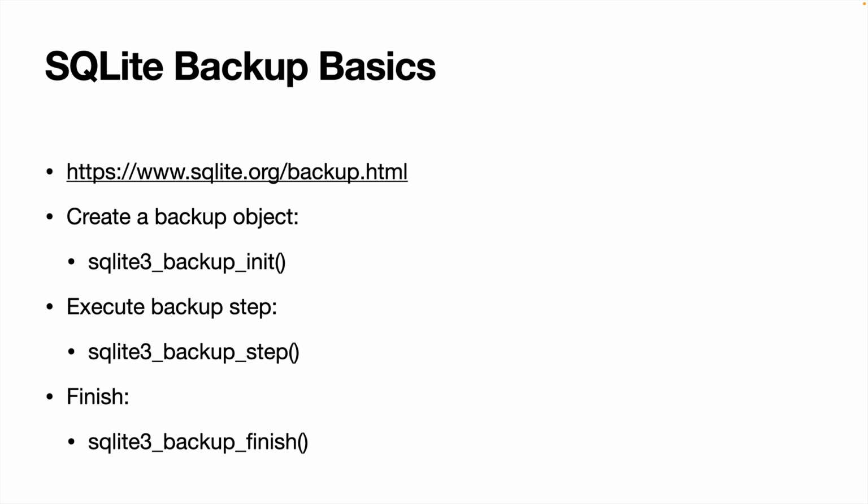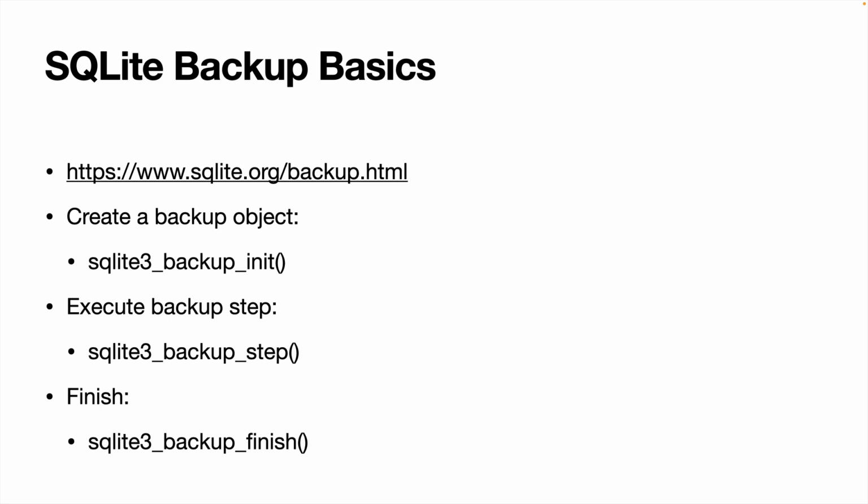So just to give you a little bit of detail about how SQLite Backup works, it's very simple. You have your in-memory store, and you have a document file somewhere, a SQLite file. So you need pointers for both: a pointer for the in-memory store, and a pointer for the file. Once you have those two things, you can call SQLite Backup to generate a third pointer that's going to represent the backup process.